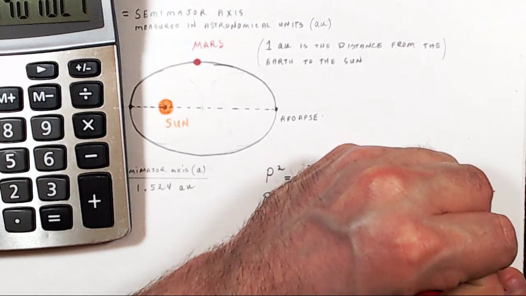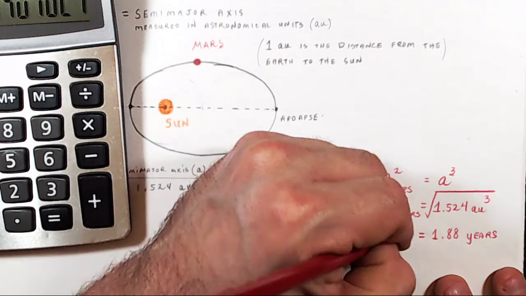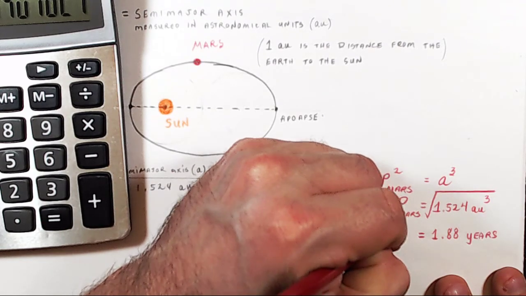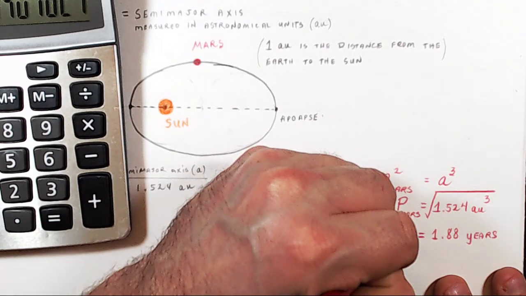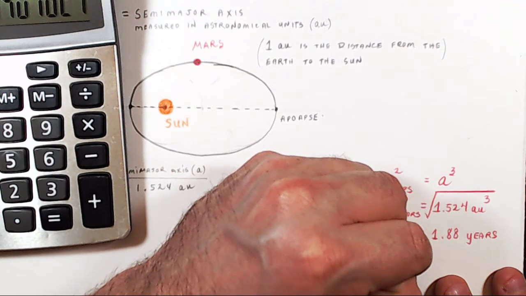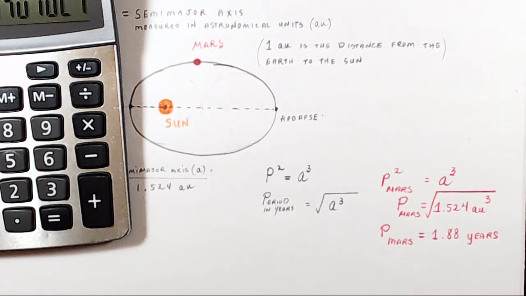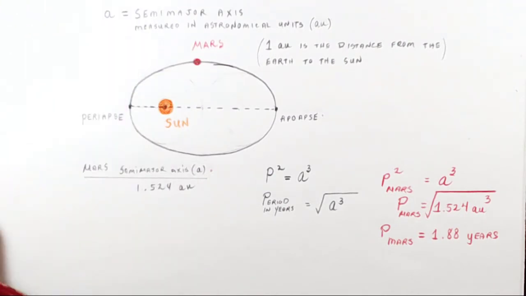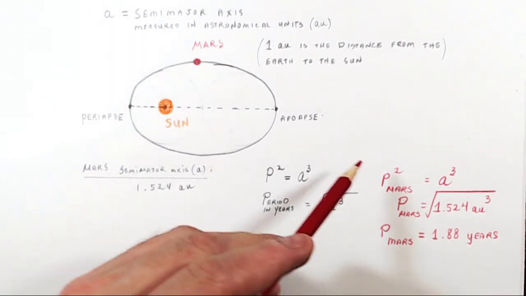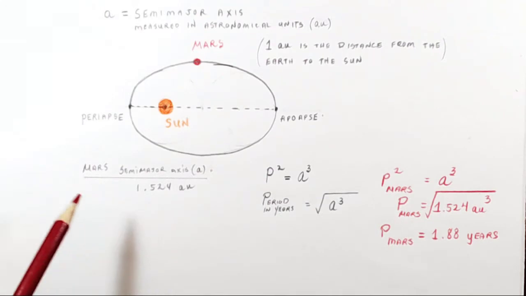Okay, and that's relative to Earth years. So the period for Mars is equal to 1.88 years. So in Earth years, it takes Mars 1.88 years to orbit the Sun.